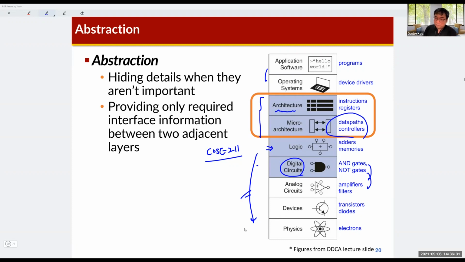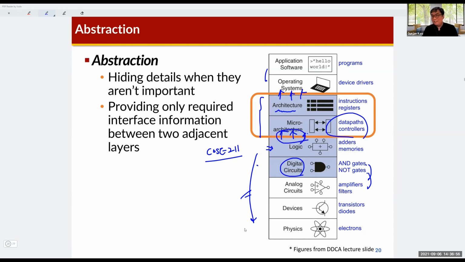So we just focus on the specific layers of computer systems, and also we need to learn about some interfaces between layers like this. These are the minimum knowledge.